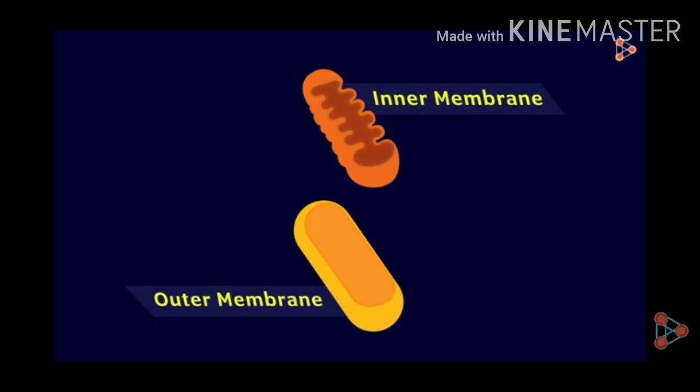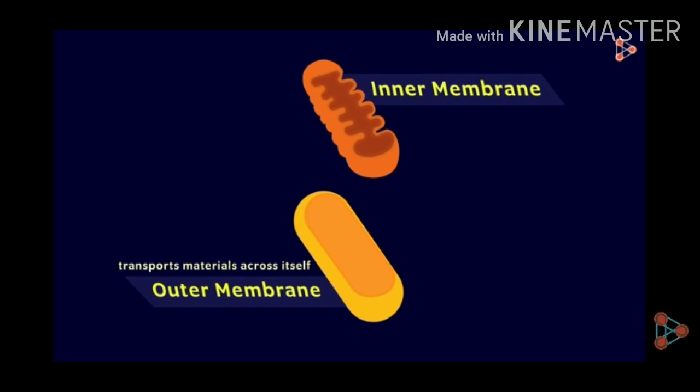This cell organelle mitochondria consists of two membranes. One is the outer membrane, which is smooth in nature and transports materials across the cell, and the inner is a rough membrane.